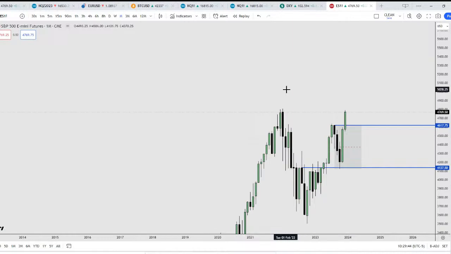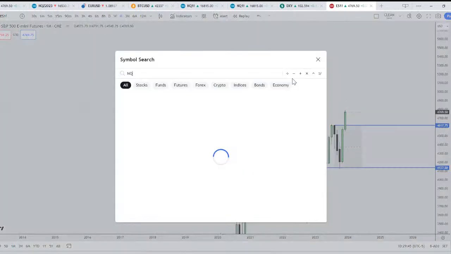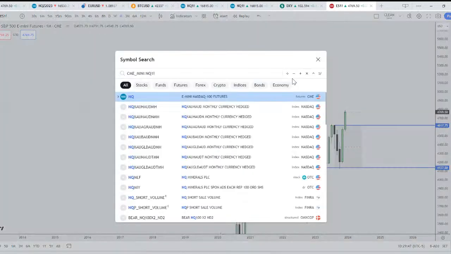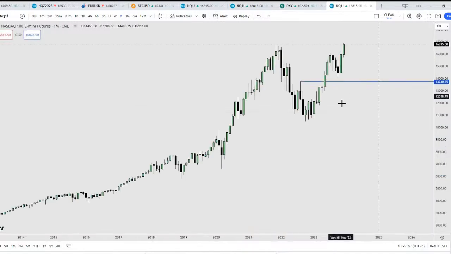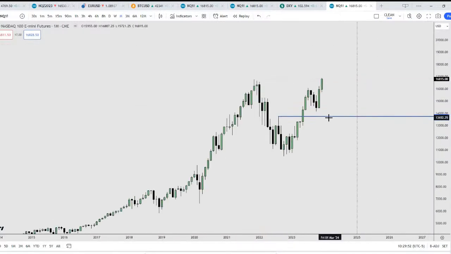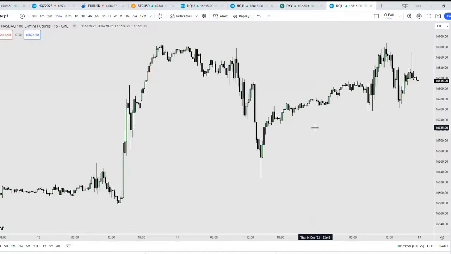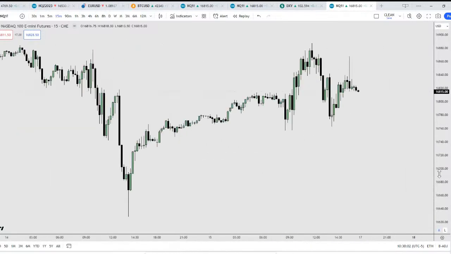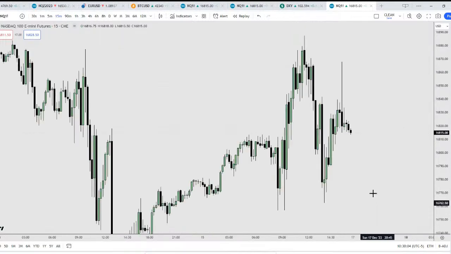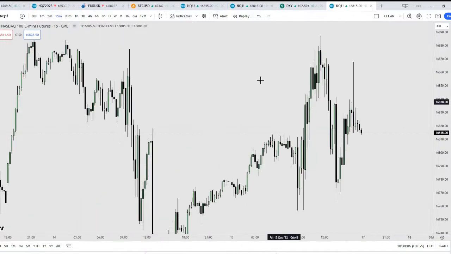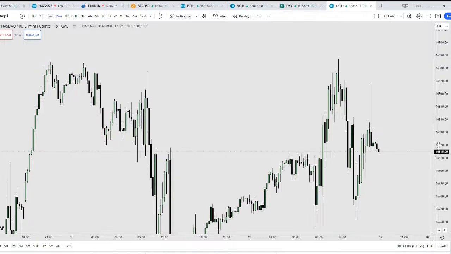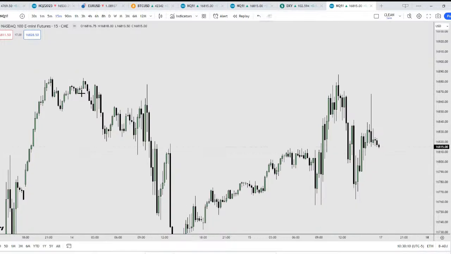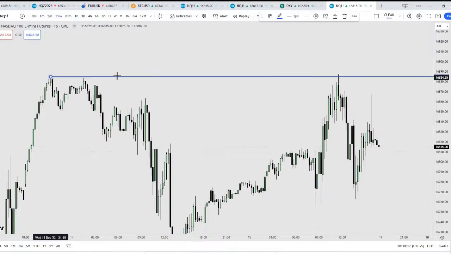Let me show you an example. Just yesterday, and I think two days before, there was this example. Let me show you on Nasdaq. Right down here, you have these relatively equal highs.